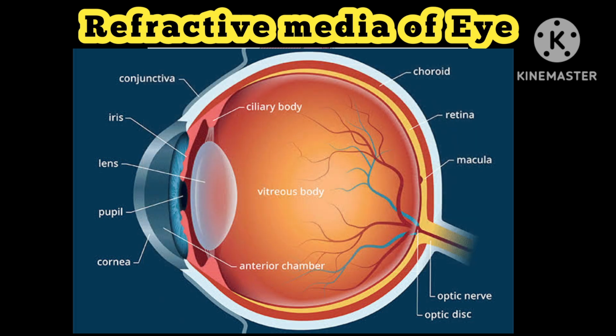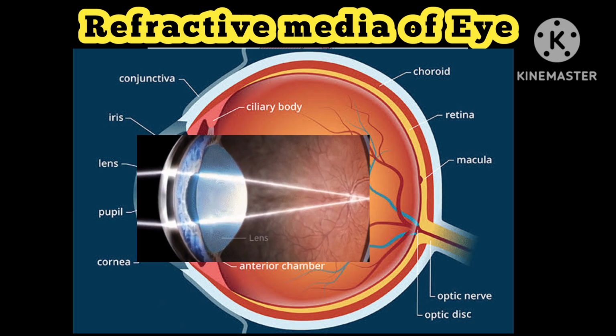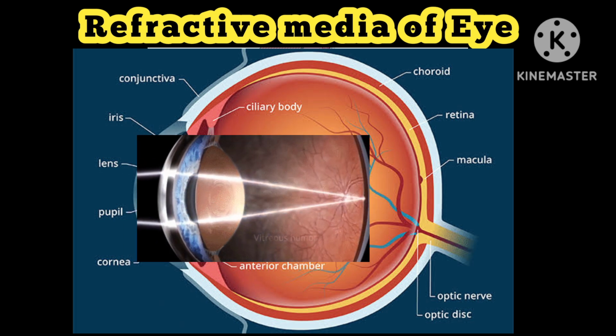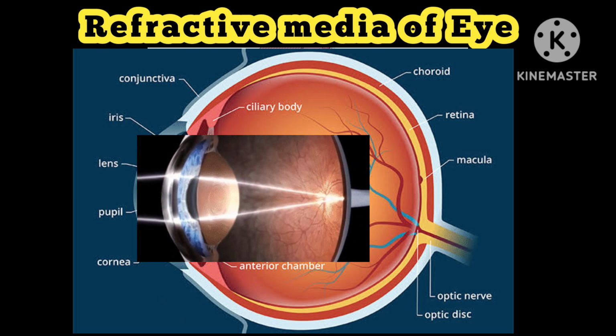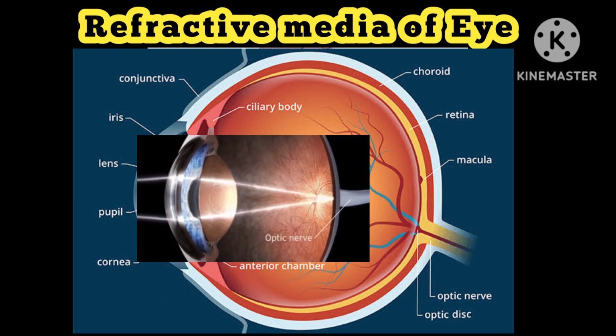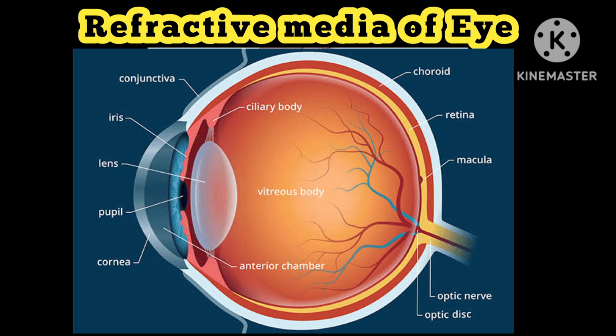The advantage of the lens over other refractive media is that it can change its dioptric power for near or distant vision by adjusting the curvature of its anterior surface. The lens absorbs much of the ultraviolet light.